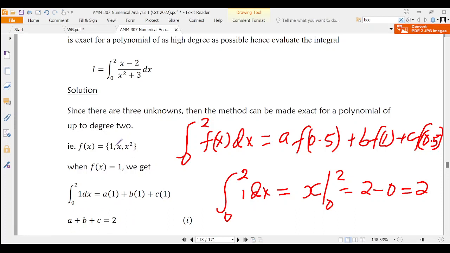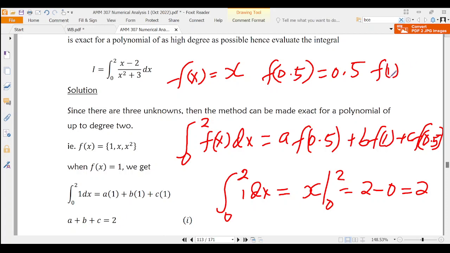Next, we substitute f of x is equal to x. So if f of x is equal to x, then f of 0.5 will be 0.5, f of 1 will be 1, and f of 1.5 will be 1.5.